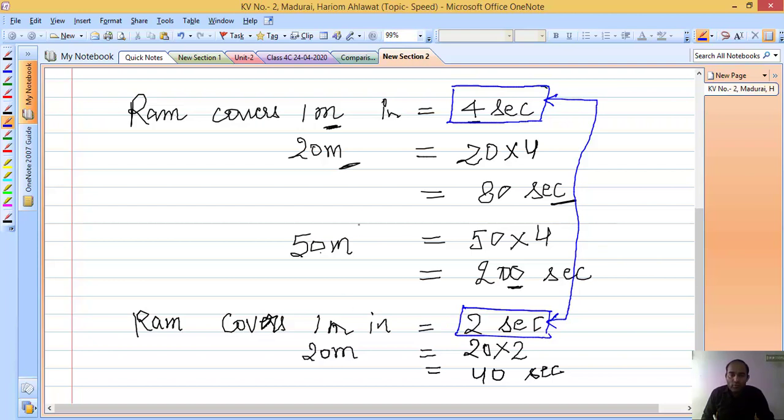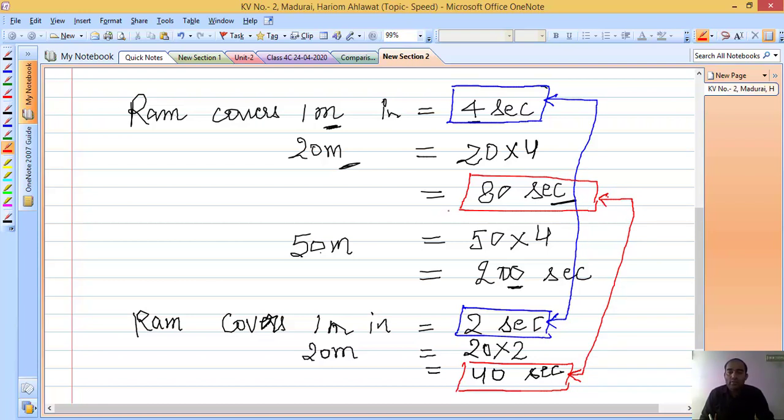When it comes to 20 meters, he covers it in 80 seconds here and here 40 seconds. Distance is the same, but the time is reduced. When he increases the speed, time reduces.